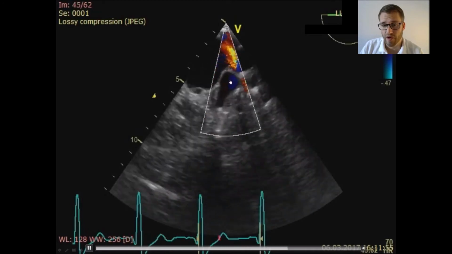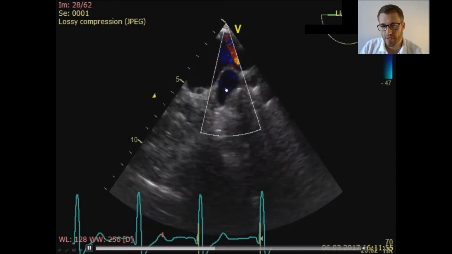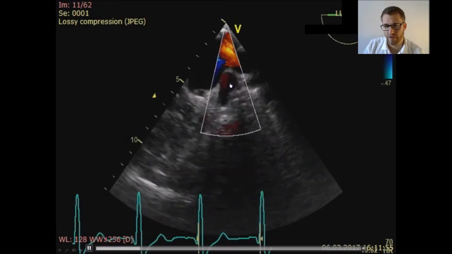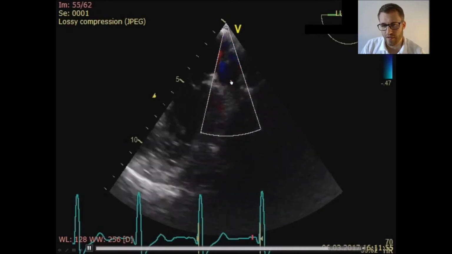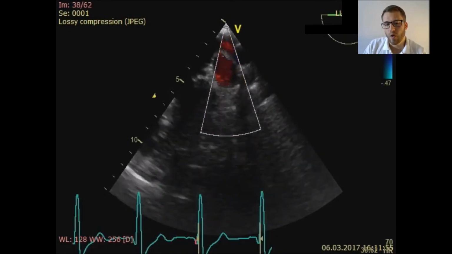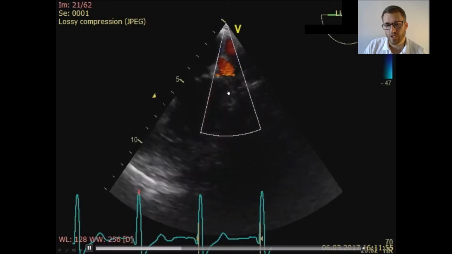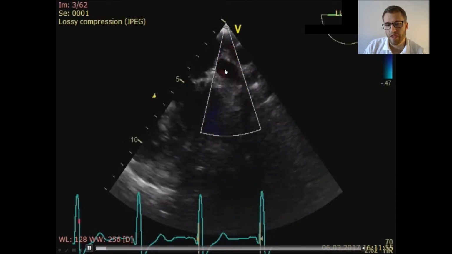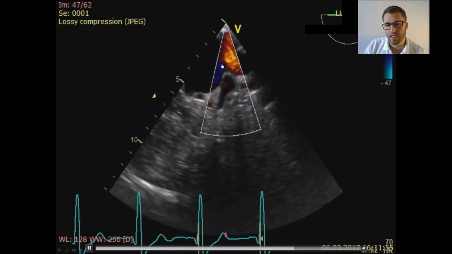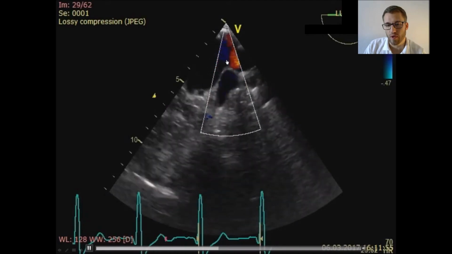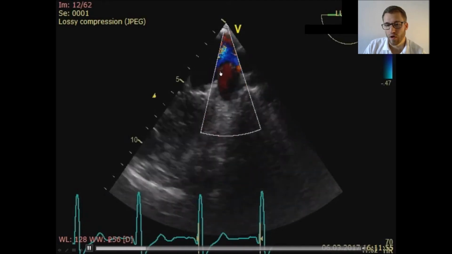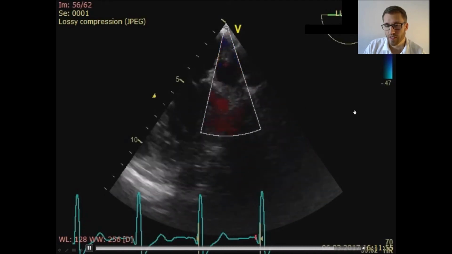There is blood flow inside. An abscedation would not have flow inside, only if it's already ruptured. But then you would not see such an intact wall here. Then the wall would have a hole somewhere, and this is absolutely intact.